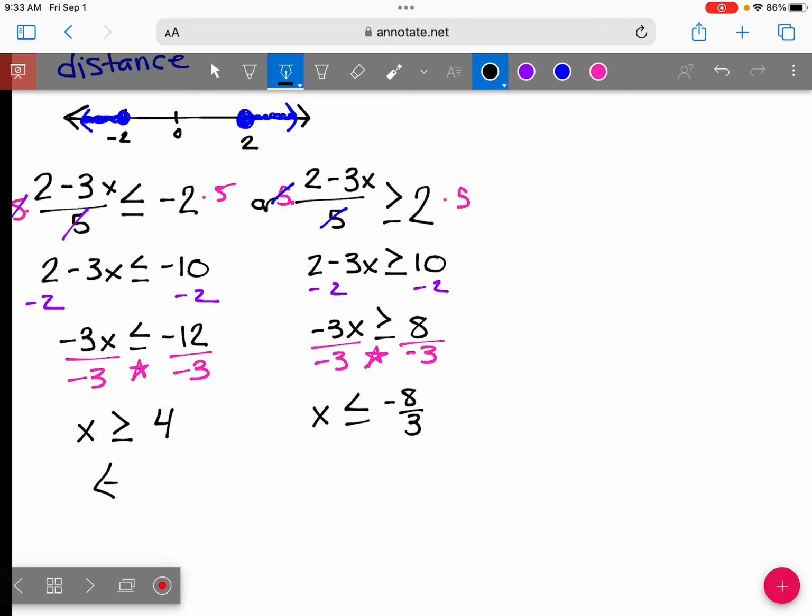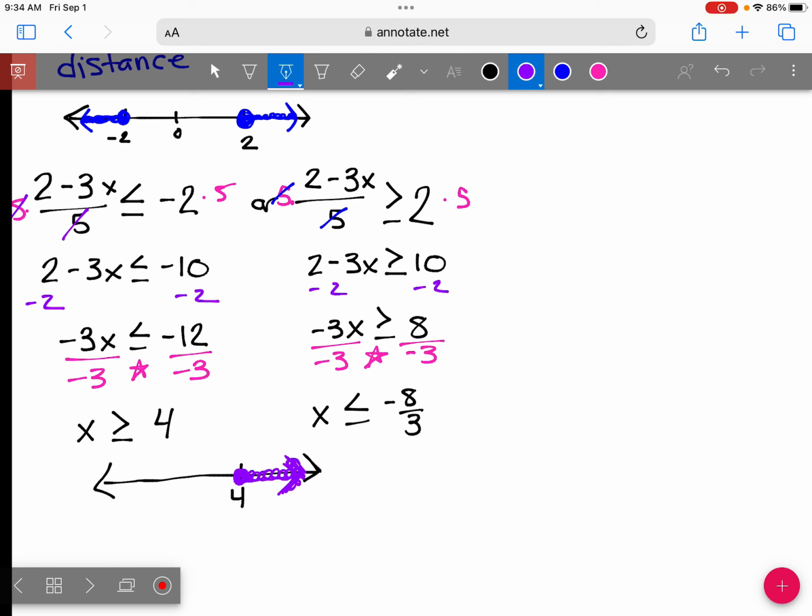When we get our solutions, we should still wind up with arrows that point outwards. Just how we started with 2 arrows that pointed outwards, when we get to the bottom, they should still point outwards. So my x is greater than or equal to 4 will look like this.